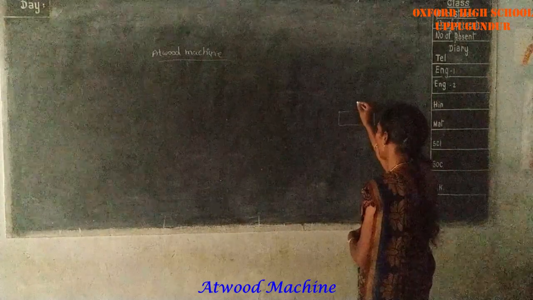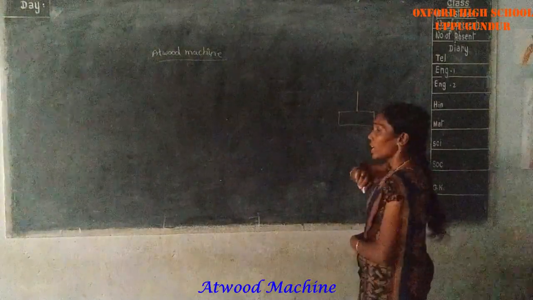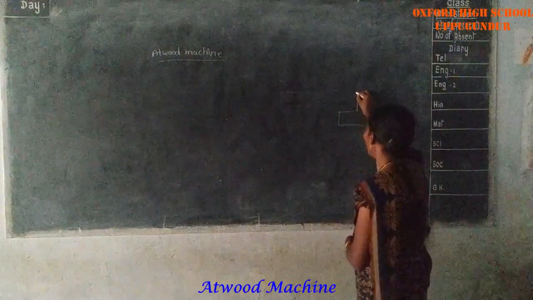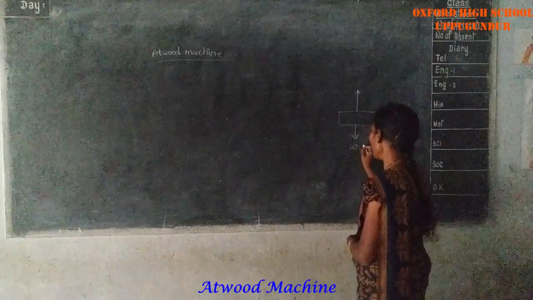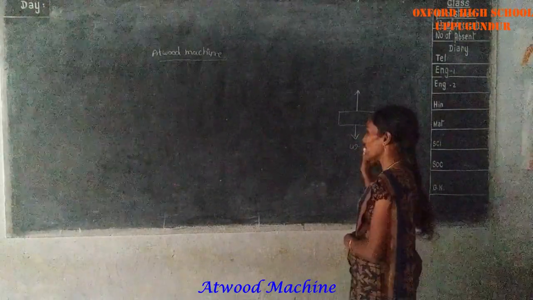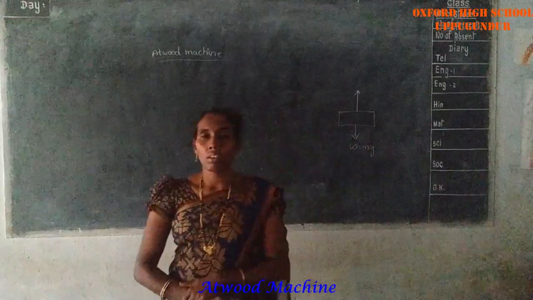The first one is the normal force, which always acts in the upward direction, and the second force is the weight of the body, which always acts in the downward direction.